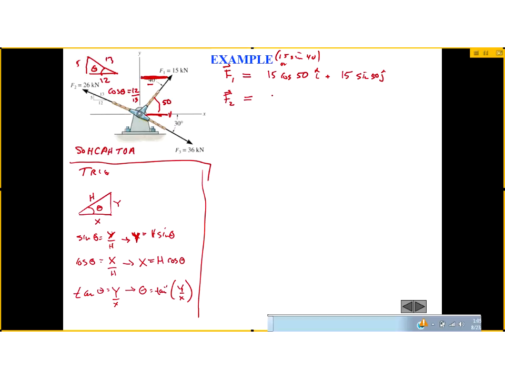So in this case, the x component is going to be 26 times the cosine of theta, which is 12 over 13, right? And then the y component is going to be 26 times, what's the sine of theta? Yeah, 5 over 13, times j. Okay, does that look right?